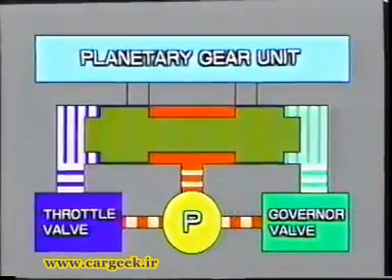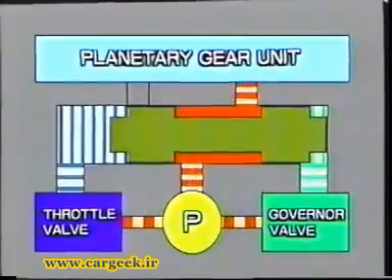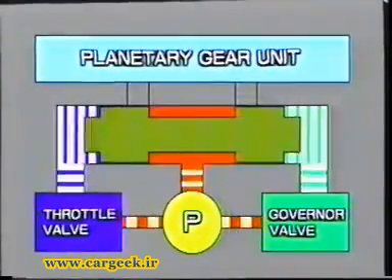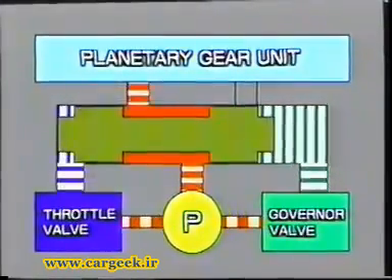As the shift valve moves, it opens up a fluid passage, allowing the hydraulic pressure generated by the oil pump to actuate a clutch or brake piston. Which fluid passage is opened up determines the direction and speed of rotation of each member of the planetary gear set.